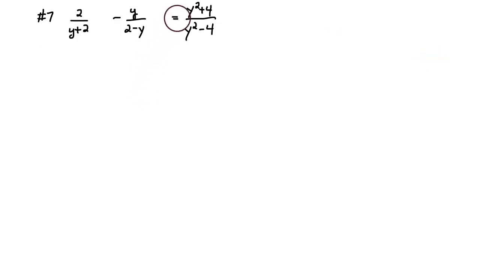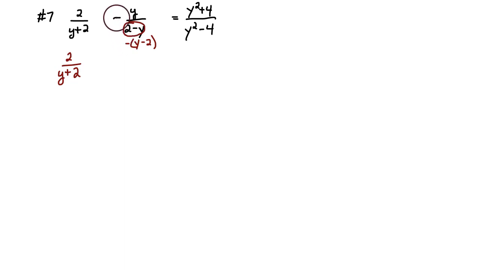Number 7 is also an equation that has fractions. We want to multiply everything by the lowest common denominator. But some of them are not in factored form. So our first step will be to rewrite the entire equation and factor all the polynomials. 2 minus y is the opposite of y minus 2. So this expression right here is the same thing as the negative of y minus 2.